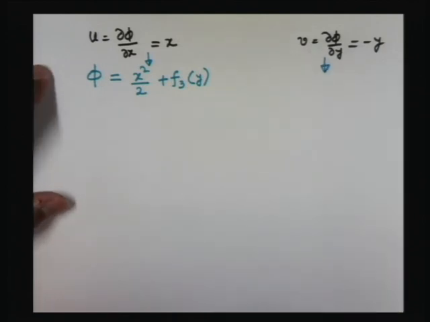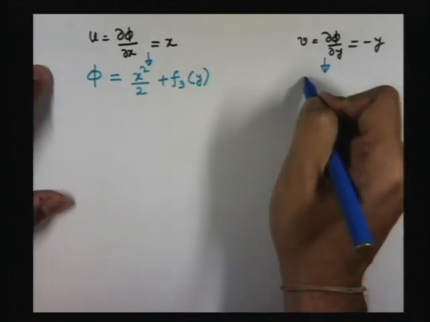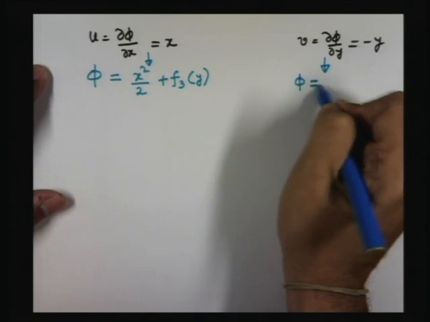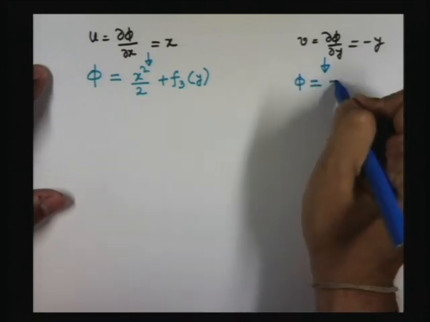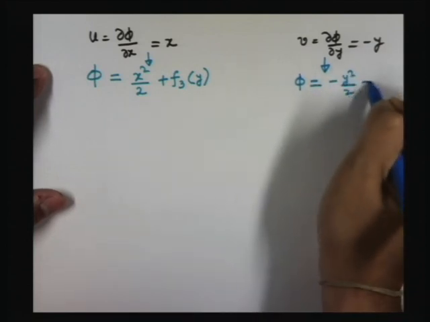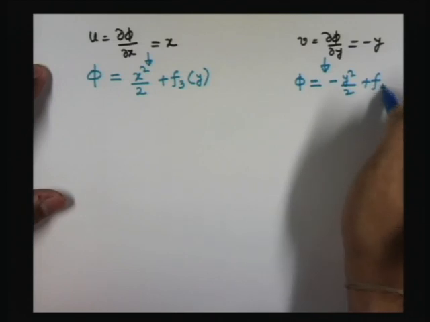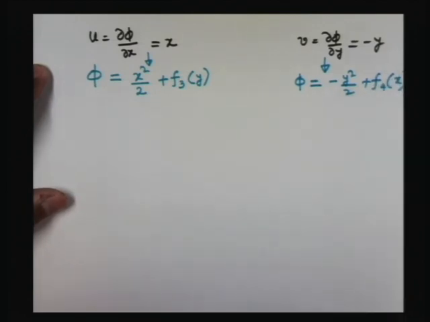Similarly, when you do this, phi is equal to minus y square by 2 plus function of x. Now you compare these two.